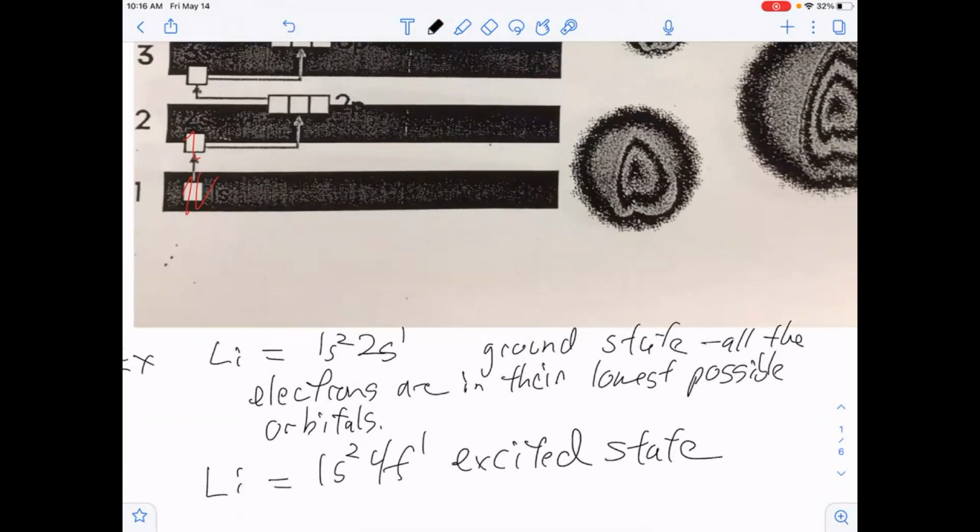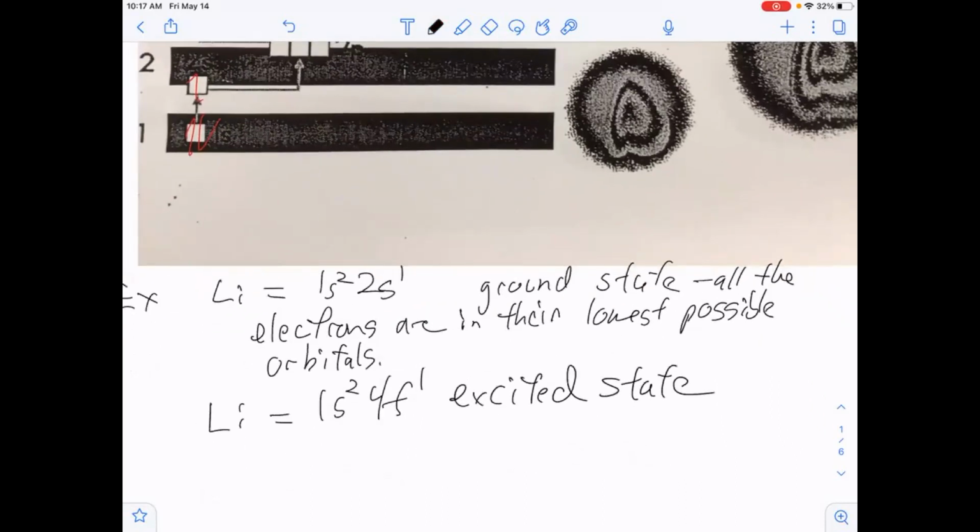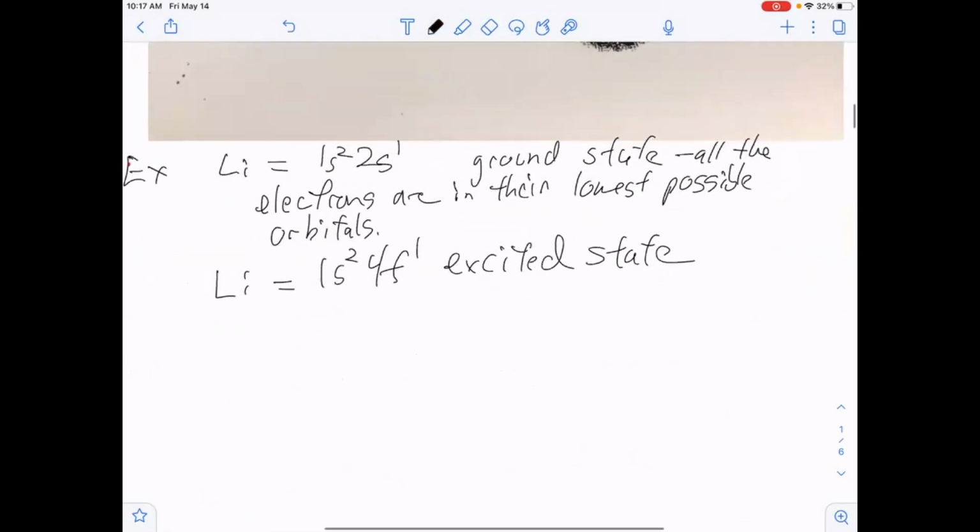Any questions on the difference between excited and ground? You just have to know that for the class. You have to be able to identify: is it a ground state or an excited state? If it skips a bunch, it's excited. And then there's impossible state.